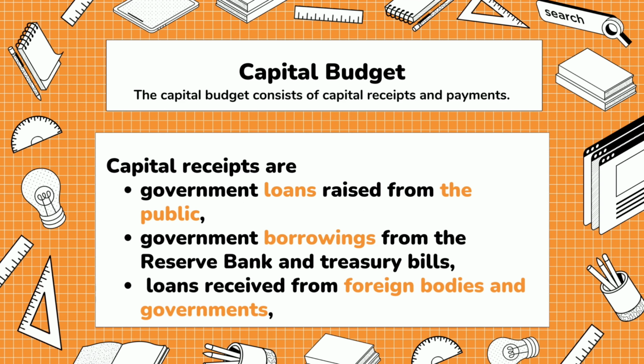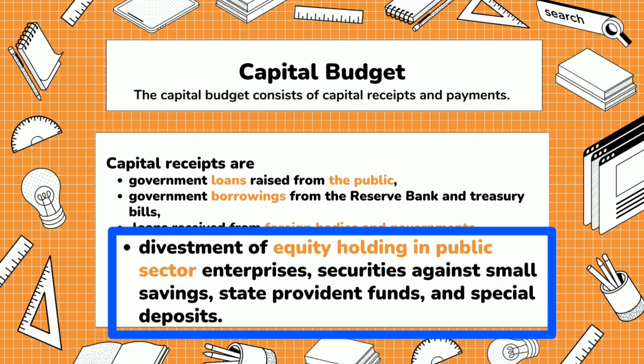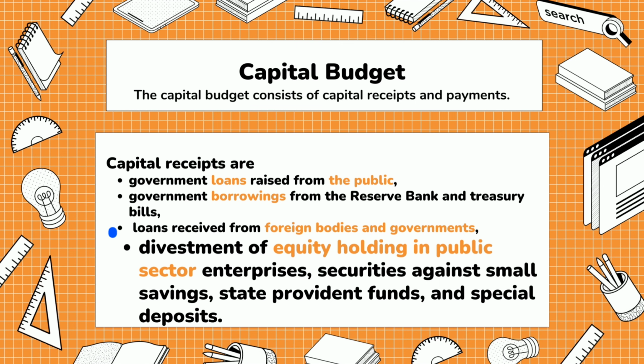The capital budget is a different form from the revenue budget, as its components are of a long-term nature. The capital budget consists of capital receipts and payments. Capital receipts are government loans raised from the public, government borrowings from the Reserve Bank and treasury bills, loans received from foreign bodies and governments, disinvestment of equity holdings in public sector enterprises, securities against small savings, state provident funds, and special deposits.